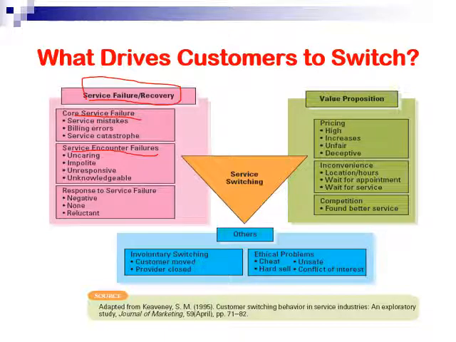During the delivery of the core service, the employees failed to deliver the service. Interpersonal skill in terms of guest relations: guests are unhappy with their interpersonal skill or attitude. For example, uncaring attitude, impolite, unresponsive, unknowledgeable.